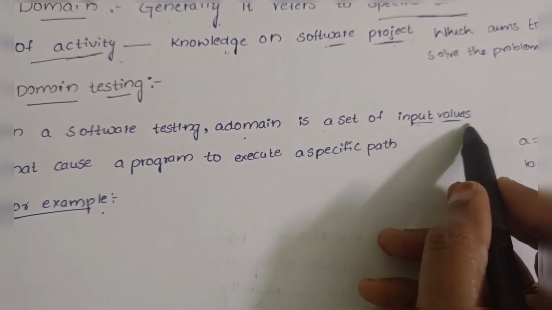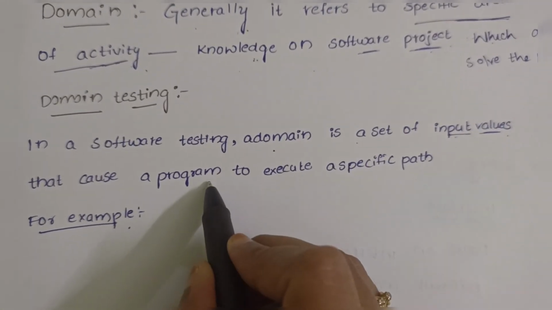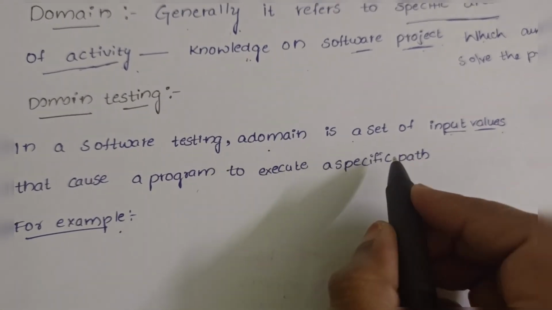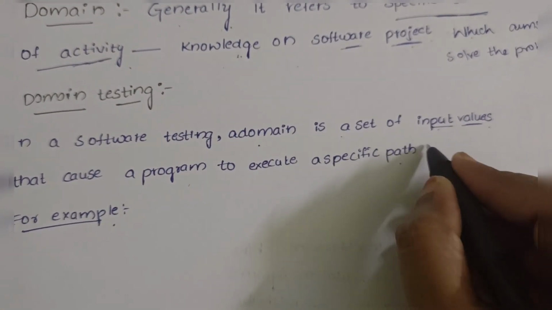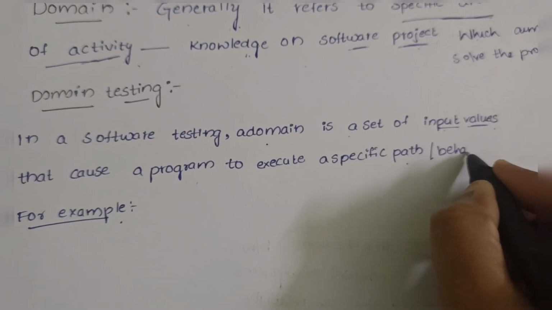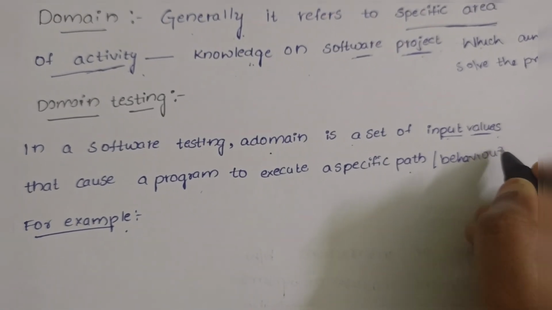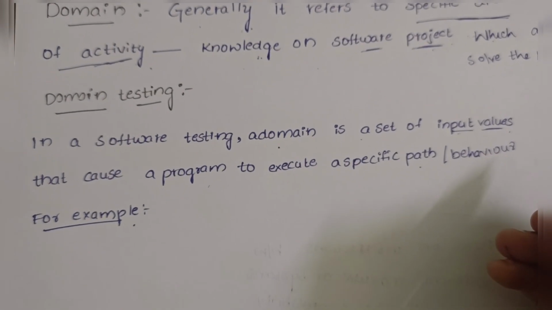A domain is a set of input values that cause a program to execute a specific path or behavior. This is called domain testing.